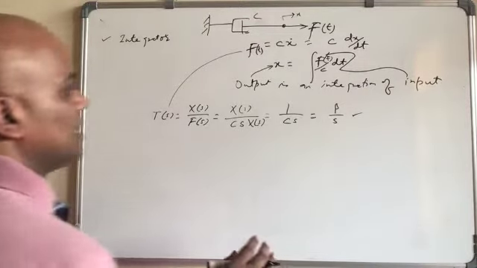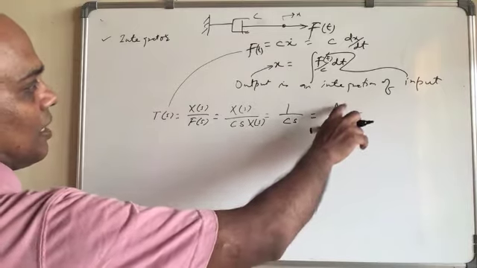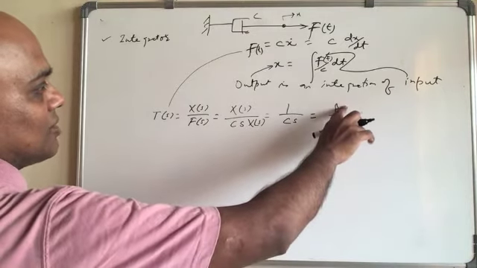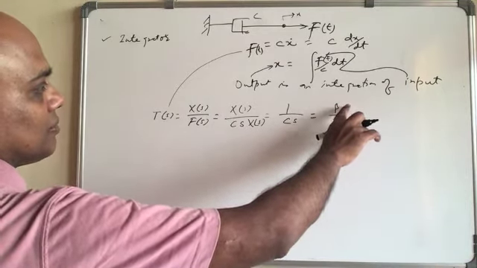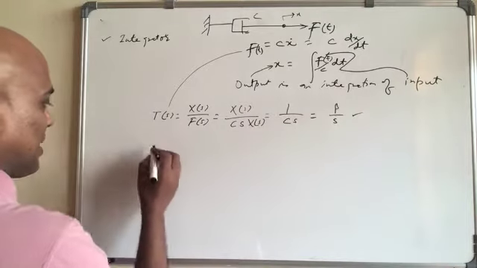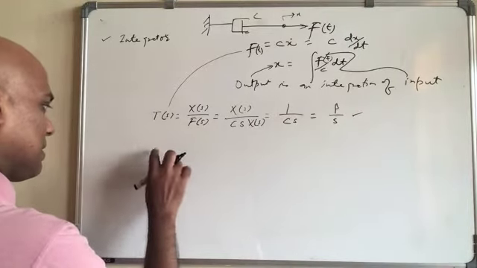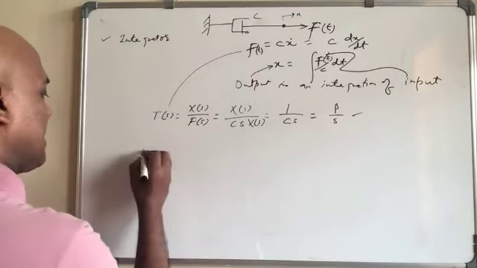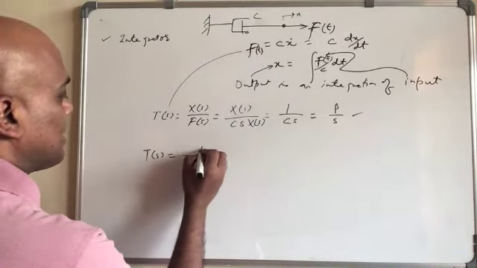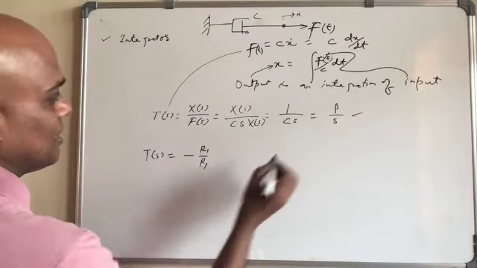What I mean is we have to find out, for an op-amp circuit, we have T(s), for example, minus R2 over R1, right?